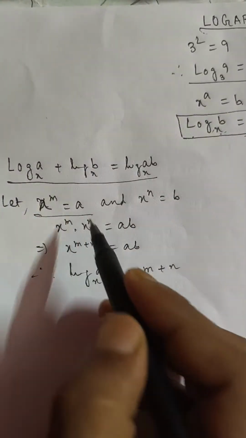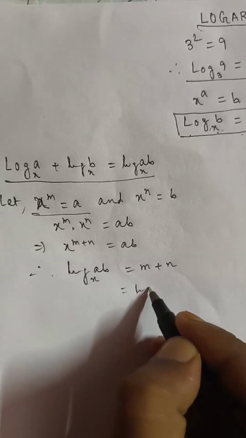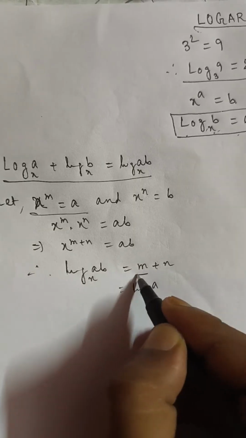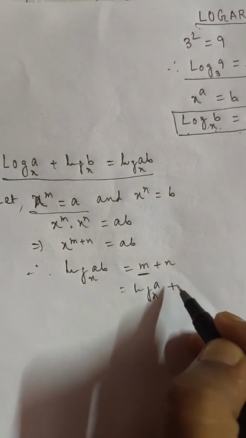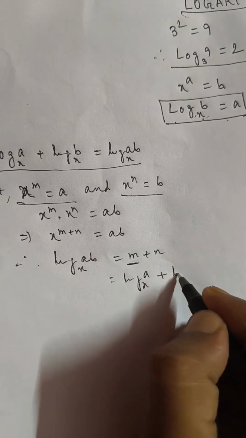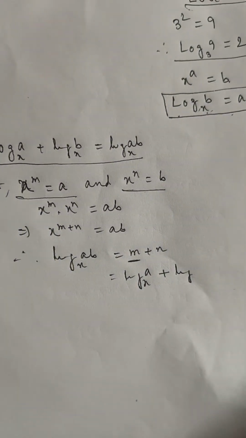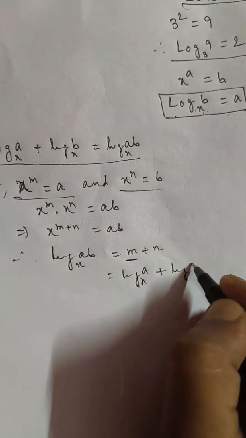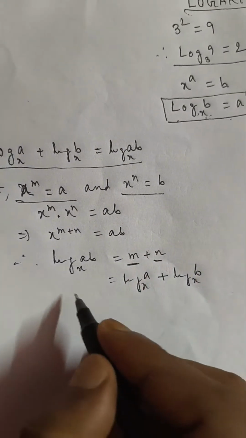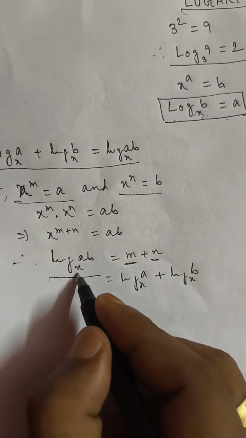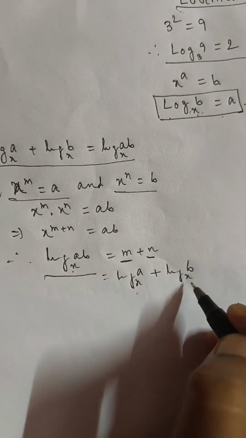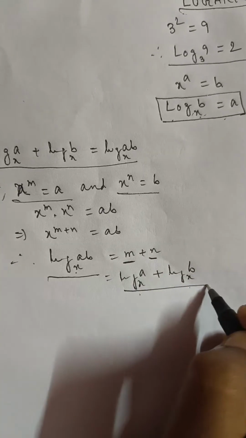From this we will get log of a base x is equal to m, and log of b base x is equal to n. So this proves that log of ab base x is equal to log of a base x plus log of b base x. So in this way we can prove this.